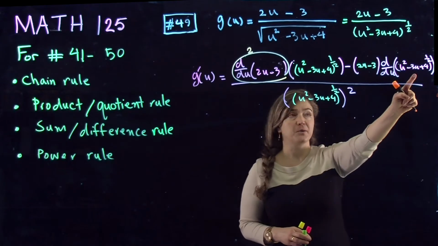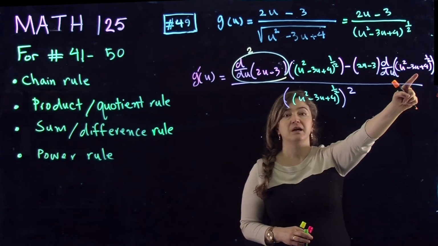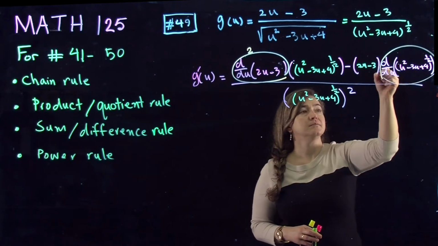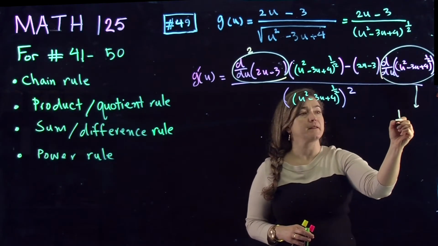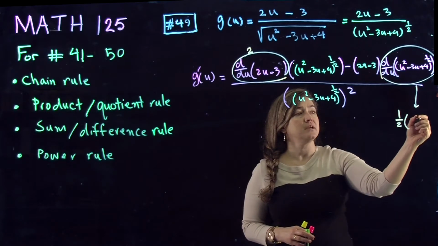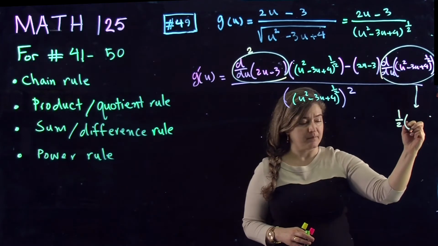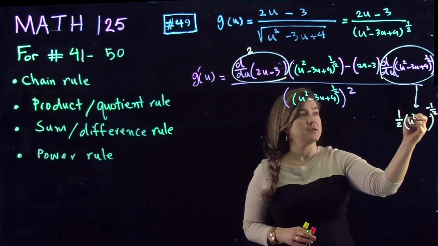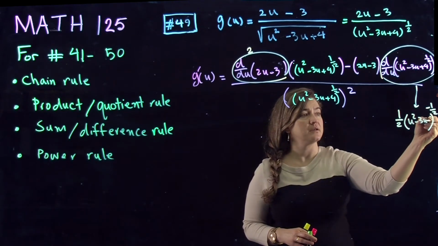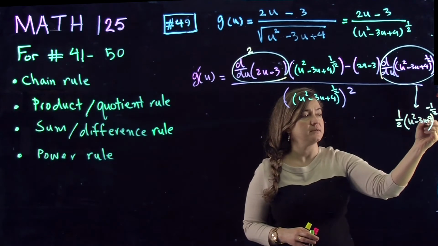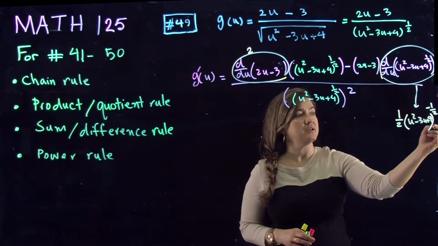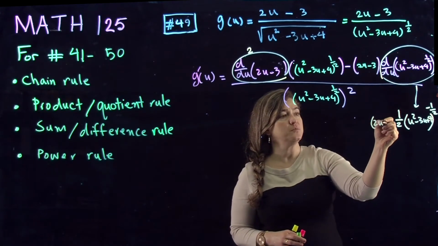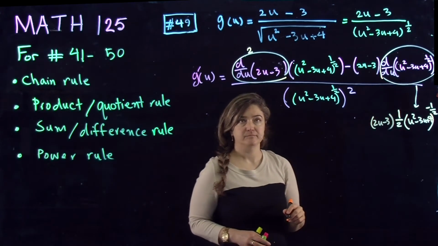This derivative, however, is going to be a chain rule, so 1/2 comes down, parentheses, to power negative 1/2, and inside unchanged, times the derivative of inside, which is 2u minus 3.